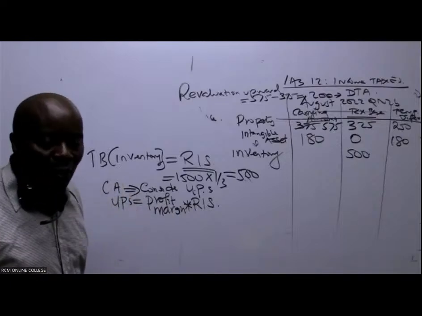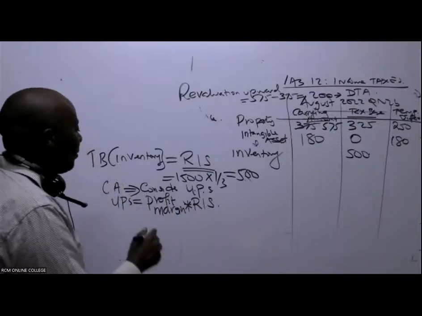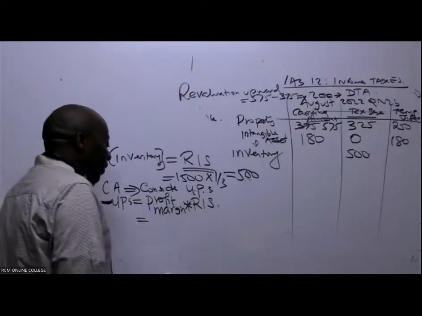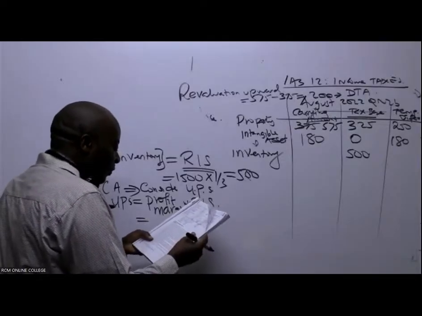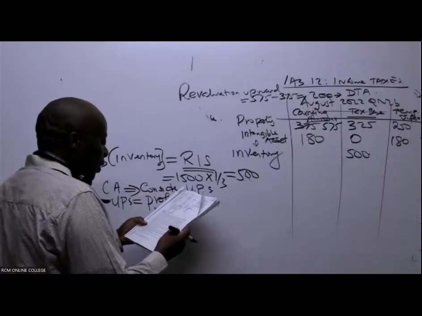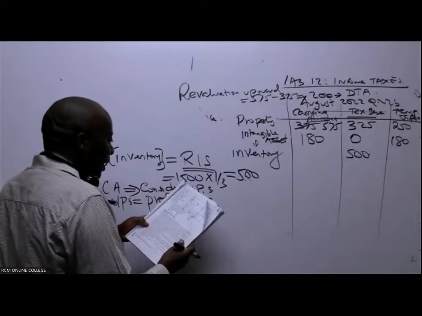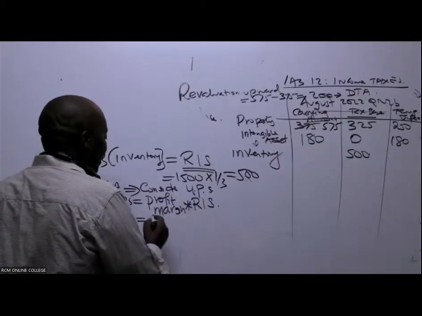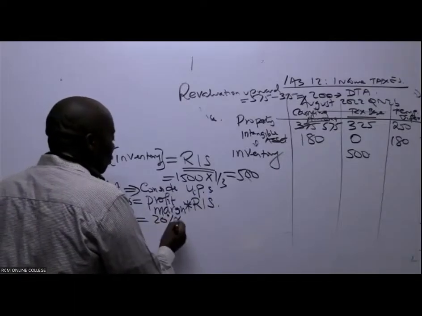The examiner was gracious enough. He gave us a profit margin there. If you look at note 3, he gave us a profit margin of 20%.